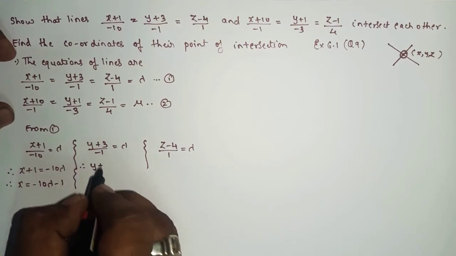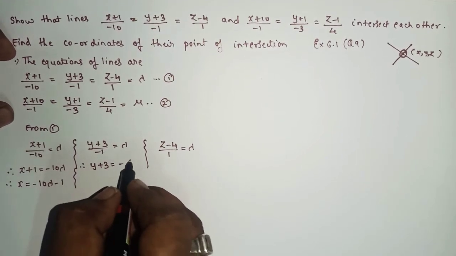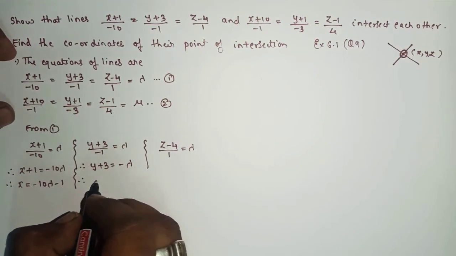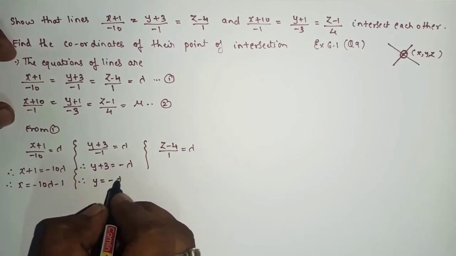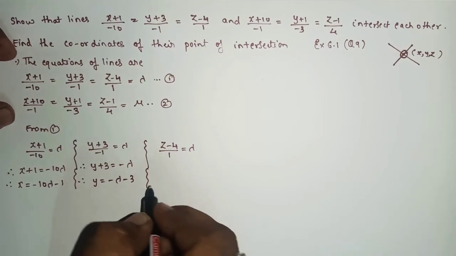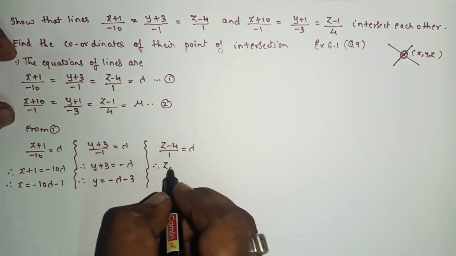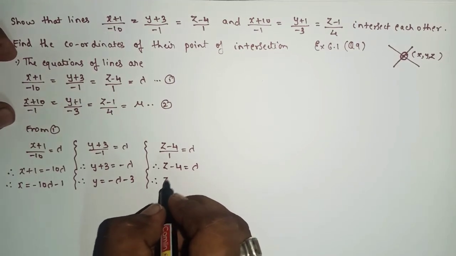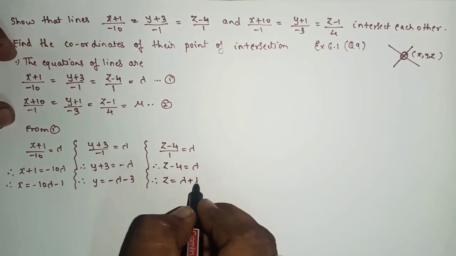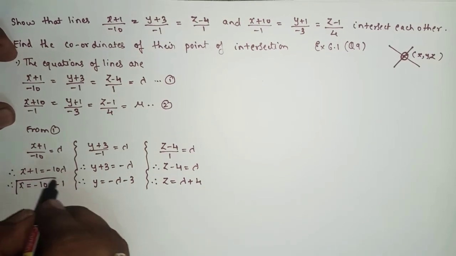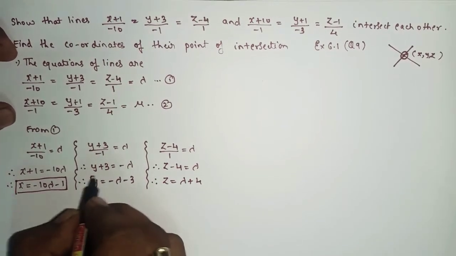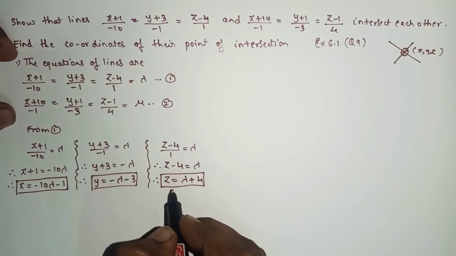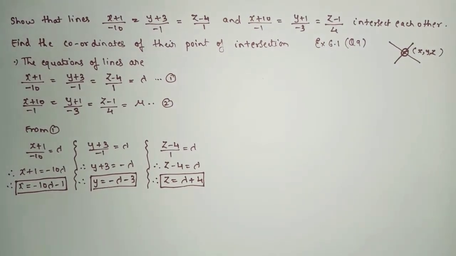Here y plus 3 equals minus lambda, so y will be equal to minus lambda minus 3, yes or no? And here you will get z minus 4 equals lambda, so z equals lambda plus 4. So here we got the x, y and z coordinates, yes or no? It is with respect to lambda here.